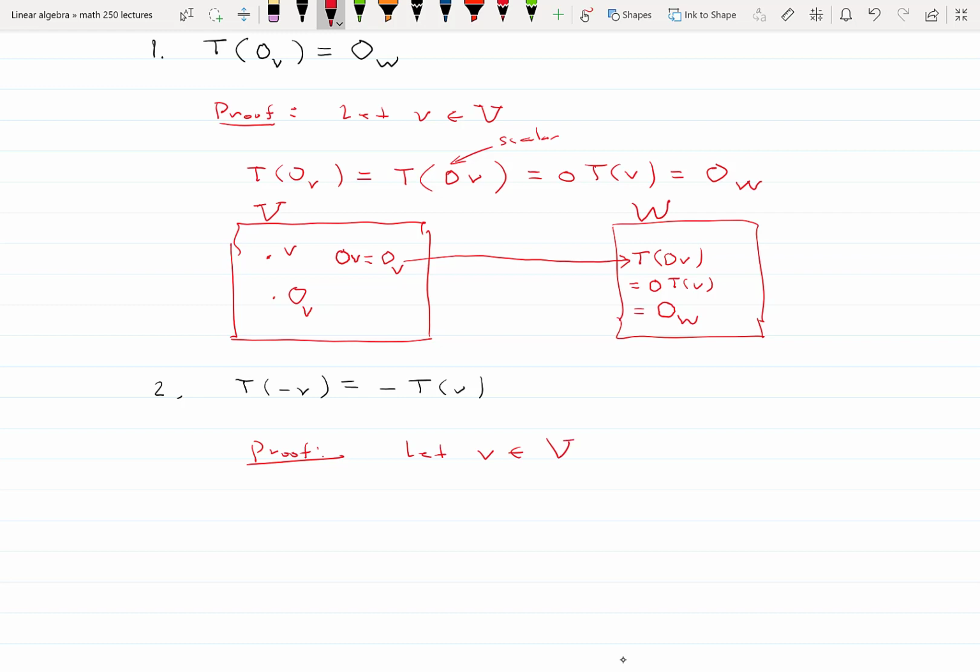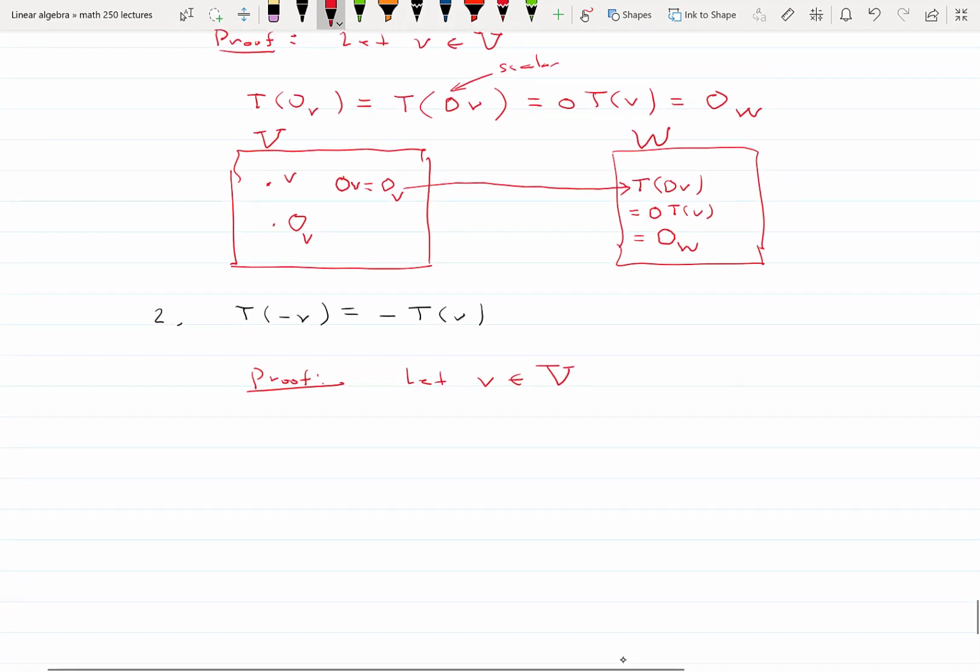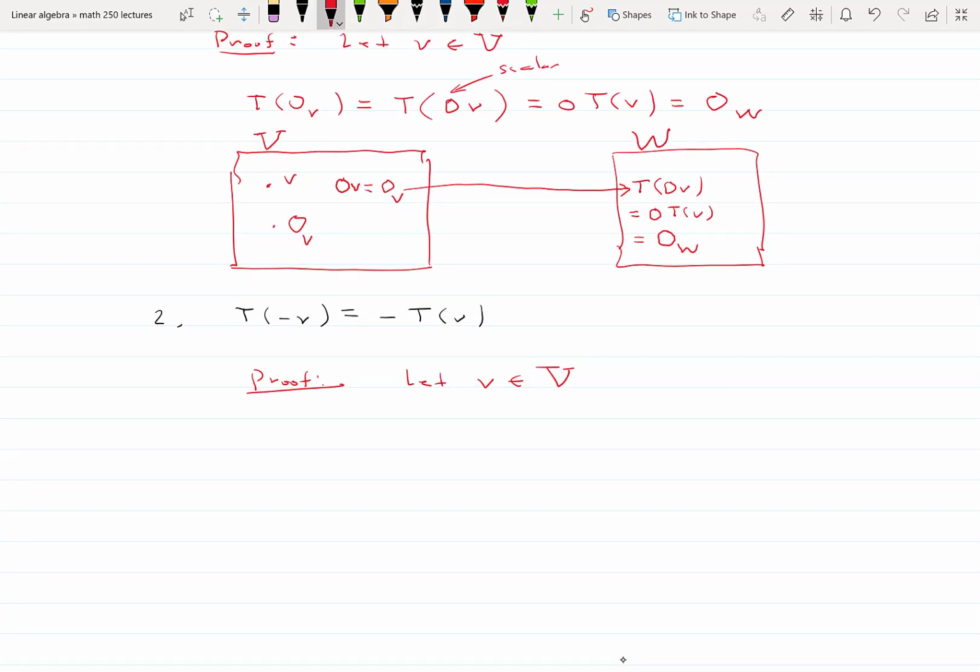Pick something out of the vector space. So let V be something in there. So t of negative V equals, now we have a theorem that says that the opposite of V is negative 1 times V. Way back. So that's how we introduce the scalar negative 1 into this.